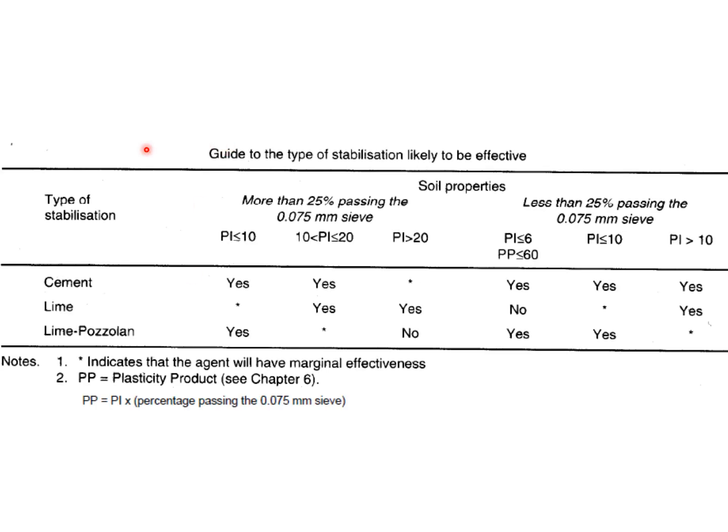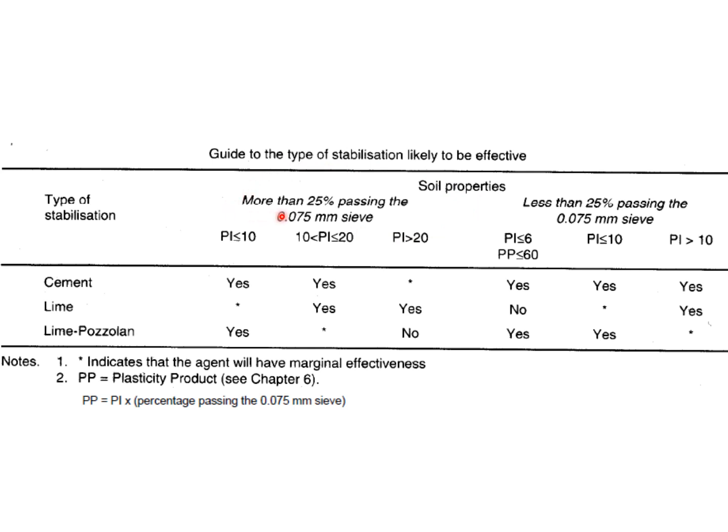Now here, guide to the type of stabilization likely to be effective. So here you can see the type of stabilization using cement, lime, and lime pozzolan. Pozzolan should not be a new term for you. It's a type of volcanic ash. Now look at that. There are two categories.